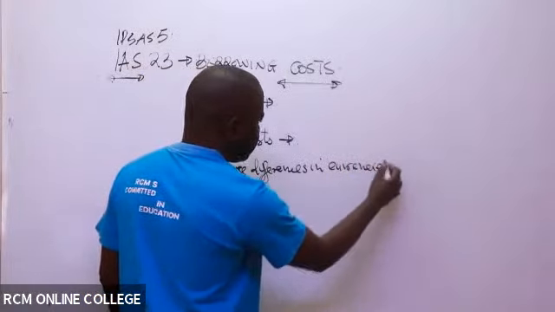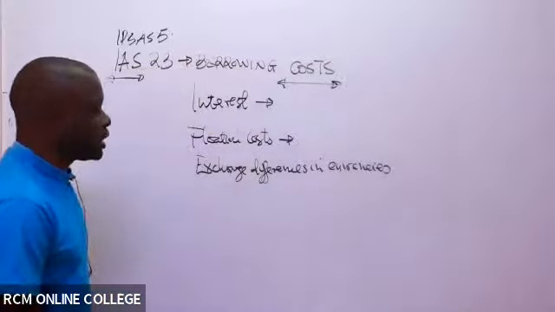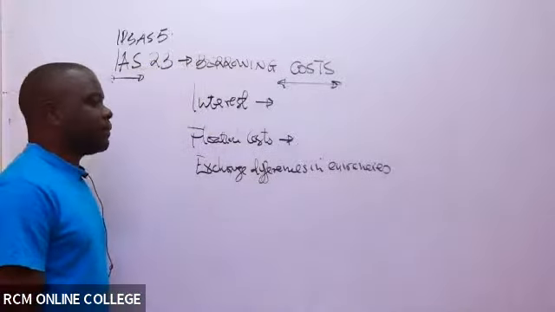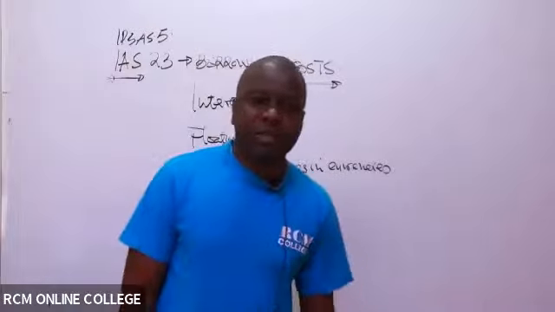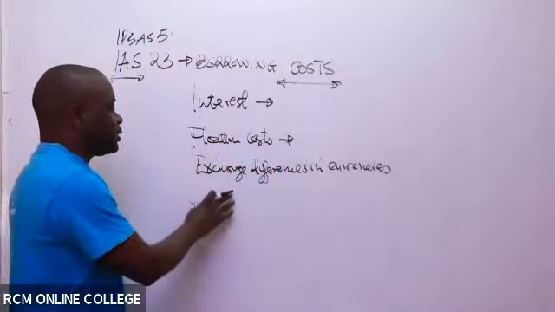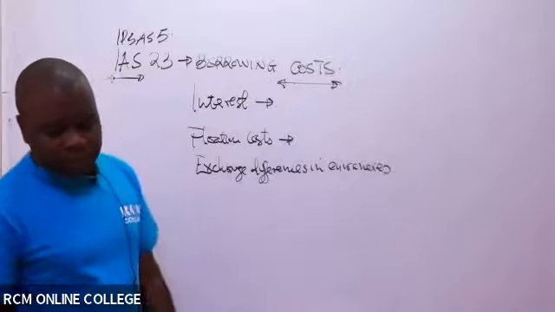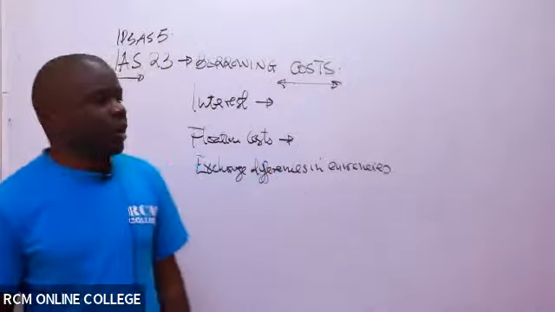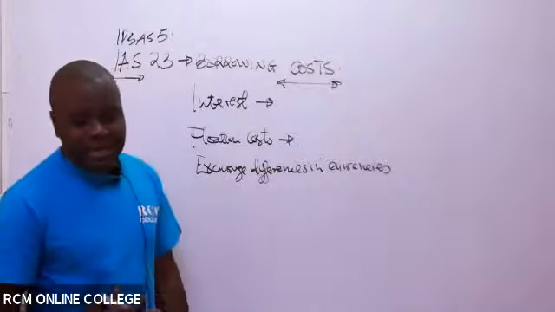It basically arises as a cost. Maybe you borrowed in a different currency. Then when you retranslate to your own currency, the cost you incur on the borrowing is rising.